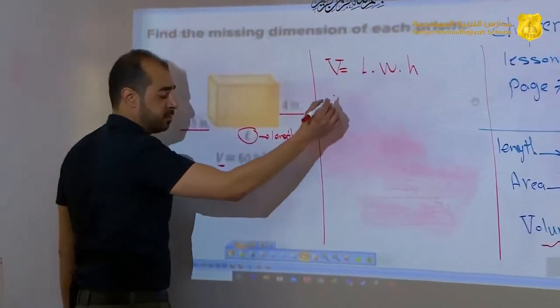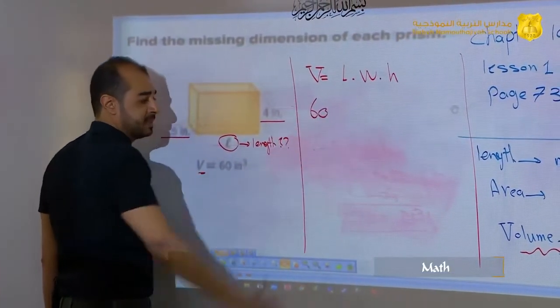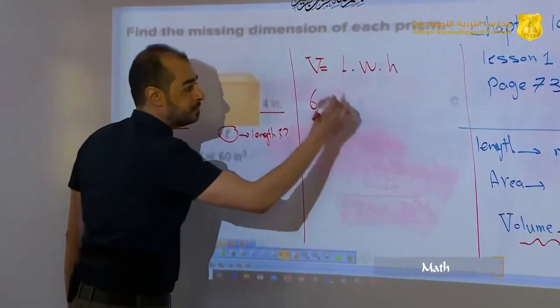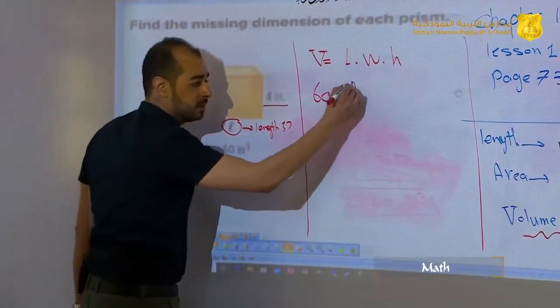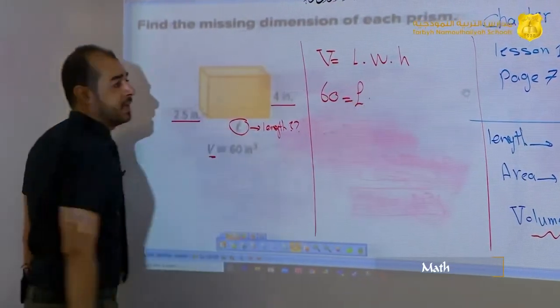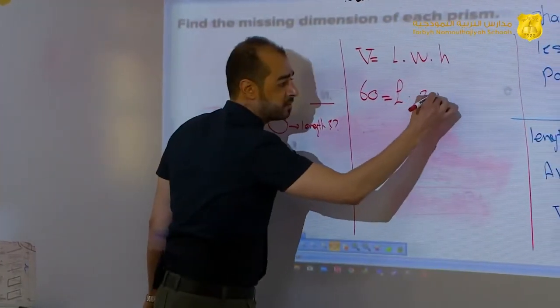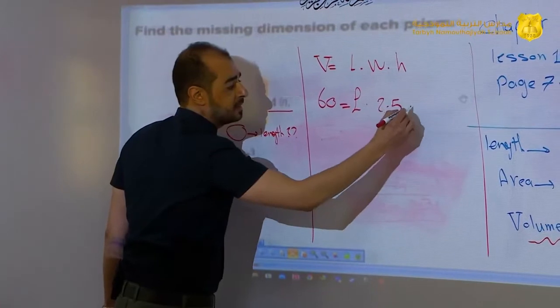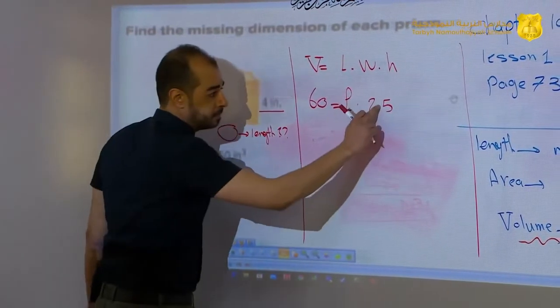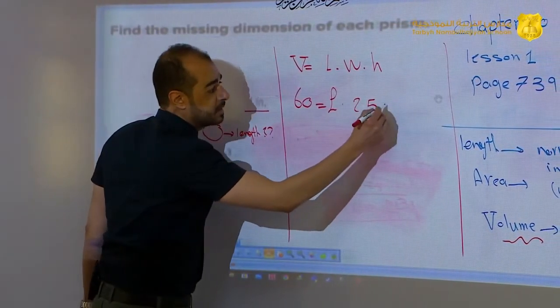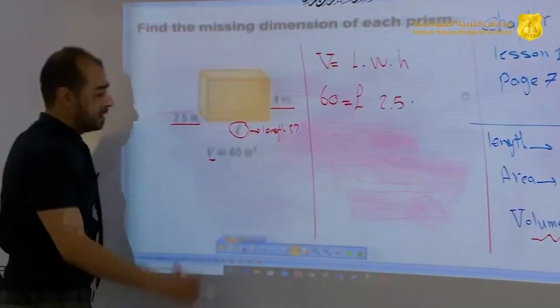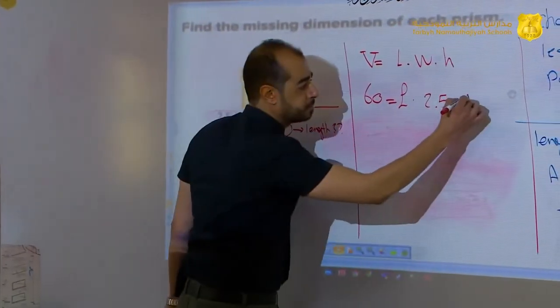V is given, the volume is given, it's 60 cubic meter. Length is unknown, so we replace it with L. Width is given as 2.5, and the height is given as 4.